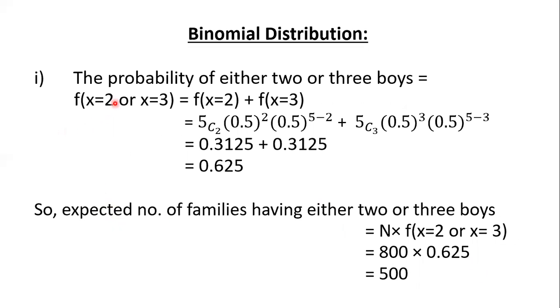The next question: the probability of either 2 or 3 boys. That is, P(X = 2 or X = 3) = P(X = 2) + P(X = 3).